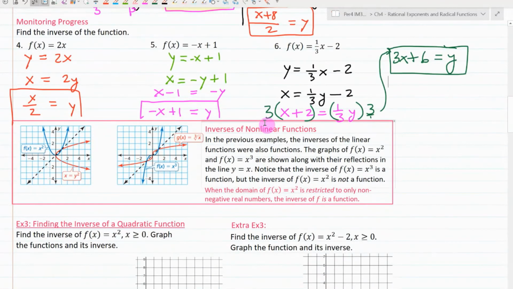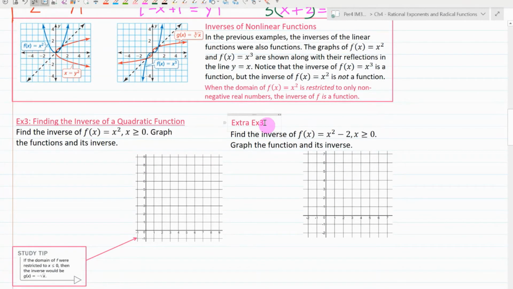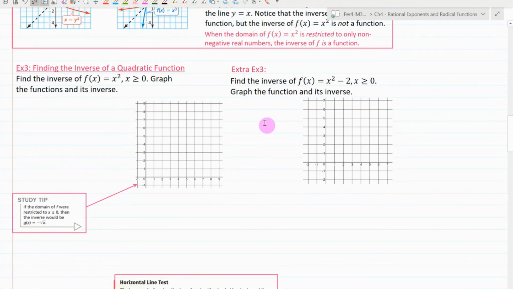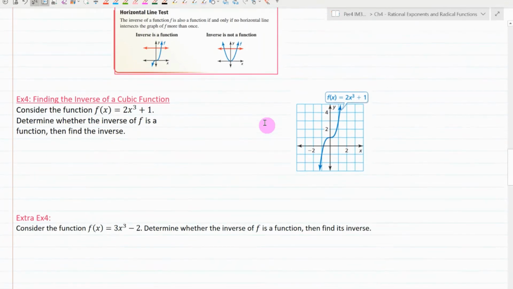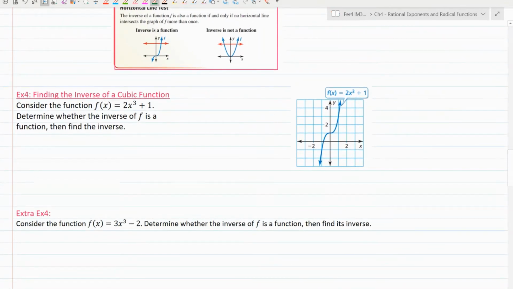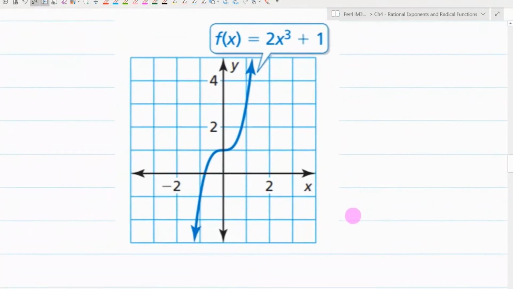Let's see what we got next. We're not going to do a lot of these graphing ones right here. Let's go ahead and scroll past that. I just want you to know that if you're doing an inverse function in graph form, let me actually highlight this a little bit bigger.